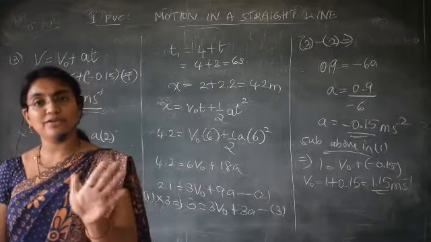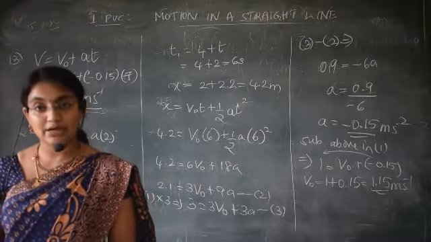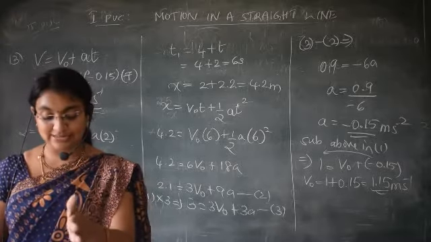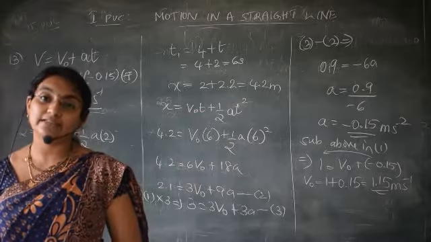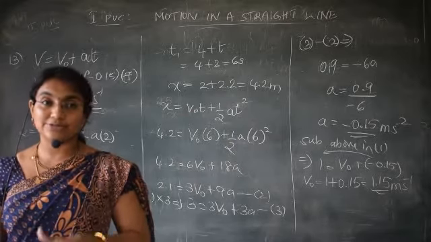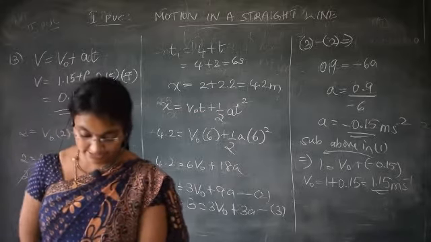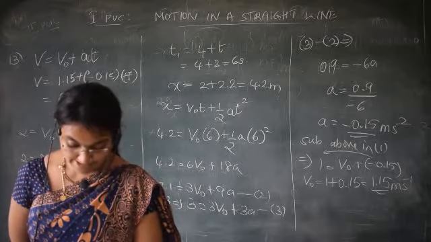If it was moving with higher speed, then it should have reached him early. But now it is taking longer time. First compartment will come within 2 seconds, but the next compartment takes 2.5 seconds. So I can say the train is going to stop, I think, correct? So we will say it is retardation. Correct?